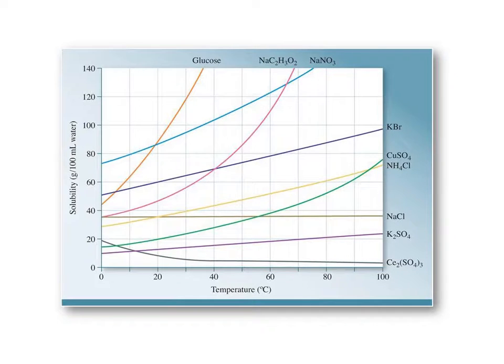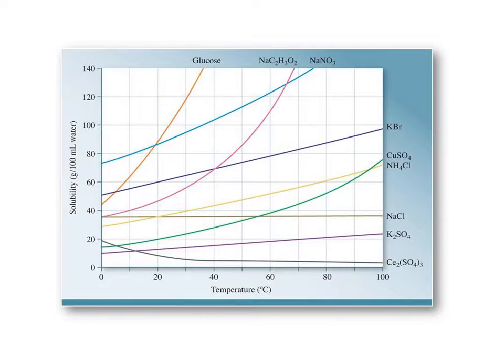Now I also want to point out that not all ionic compounds will have a greater solubility as the temperature increases. One example of a compound that does not increase in solubility as you increase the temperature is the cerium sulfate down here.